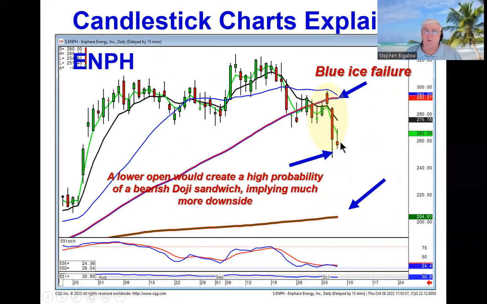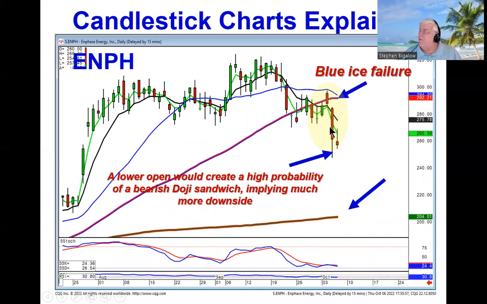So we know what the ramifications are of a blue ice failure. This is the type of information that we teach people constantly in our chat rooms: what is the high probability trade setup based upon human nature forming another signal or pattern. Well, if this is a blue ice failure, there's your expected target, the 200-day moving average.